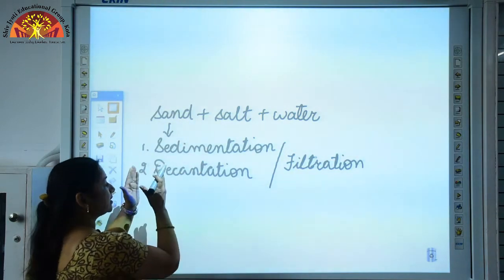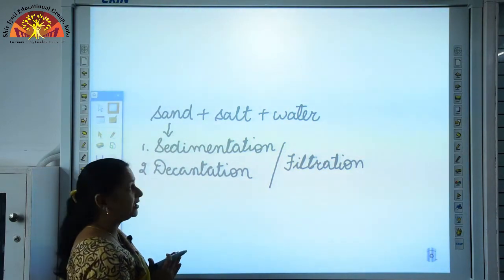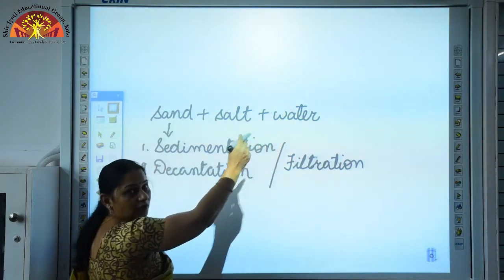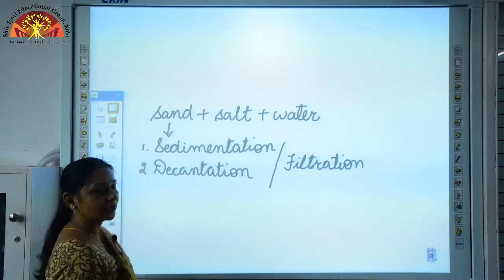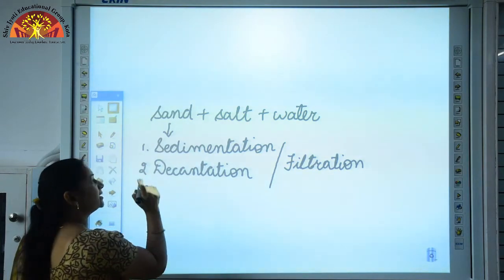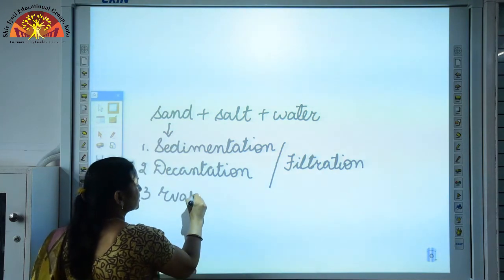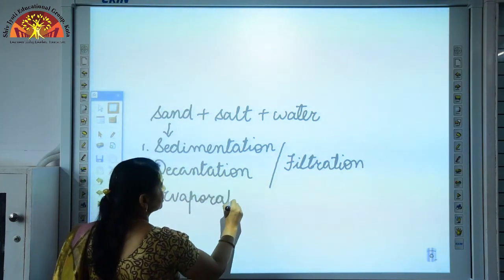Now after separating out the sand, what do we have? We have a solution of salt and water. Now how do we separate salt and water? As we have discussed earlier, salt and water can be separated by the process of evaporation.